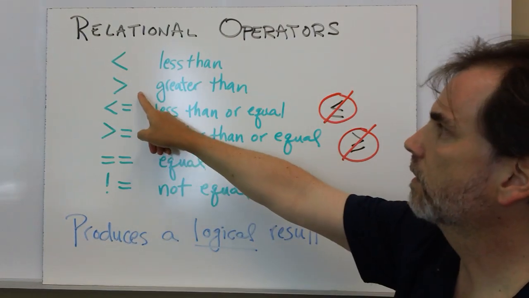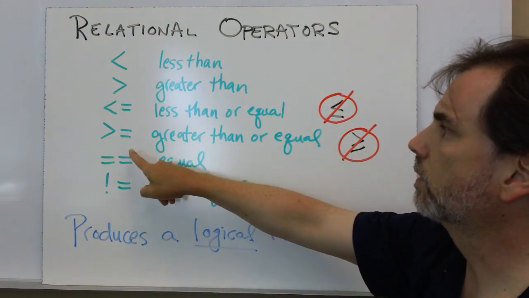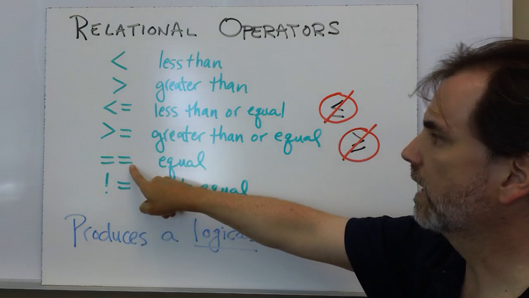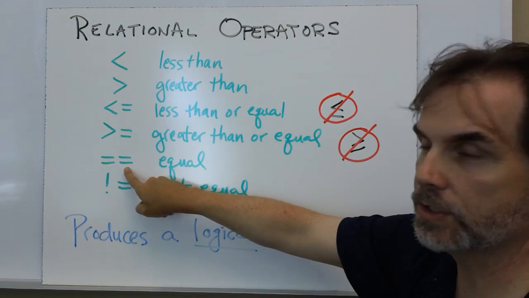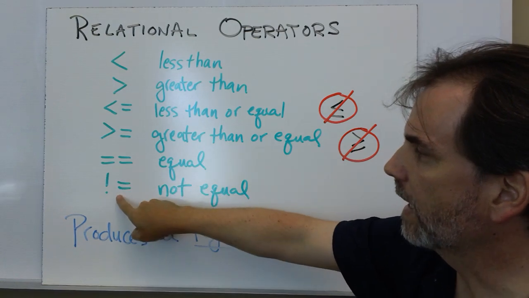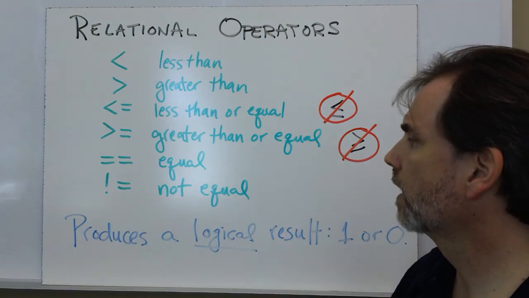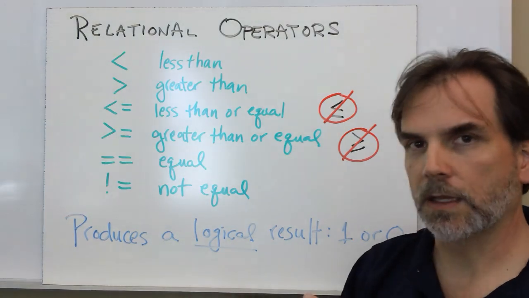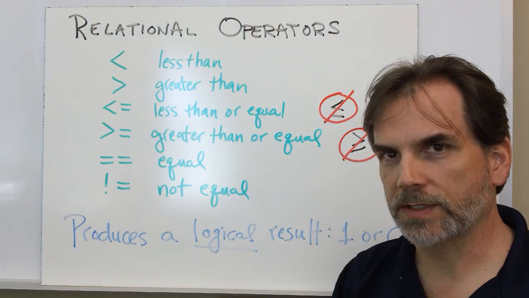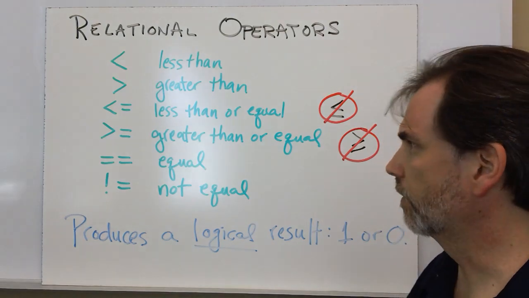So less than, greater than, less than or equal, greater than or equal. So this is with two equal signs. This is the relational operator equals and not equals. These take in numerical expressions as the operands and produce a single logical value.